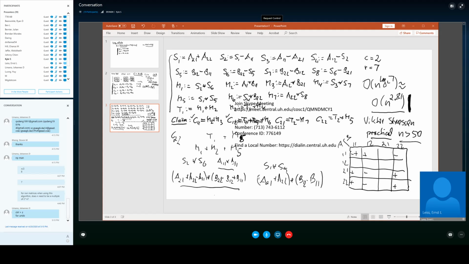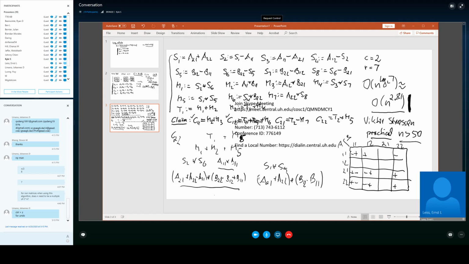So A21 and A22. So we're looking at those two columns with B12 and minus and plus.